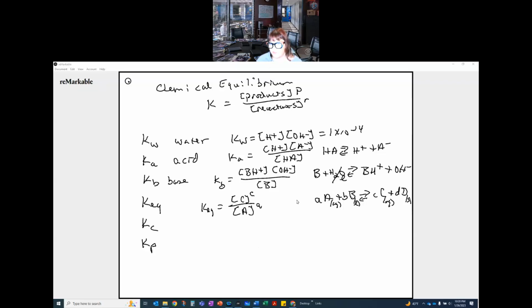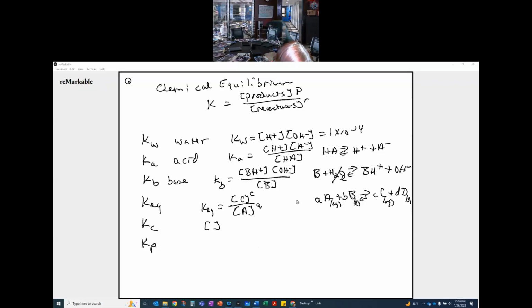Again, that's because their concentrations are very large, so they don't appear. Kc specifically is for any reaction, in which case we're using concentrations. Now notice, everything that I've written so far is a concentration. That's what those brackets refer to. We should be looking at something in terms of molarity when we do that.